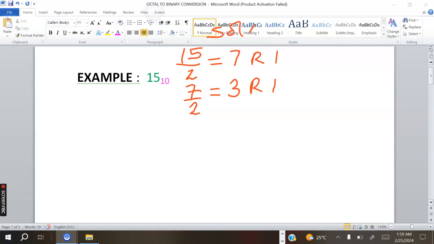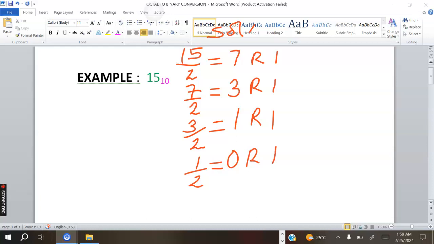Next, you take the number 3 divided by 2, which is 1 remainder 1. Then lastly, we have 1 divided by 2, and the answer is 0 remainder 1.